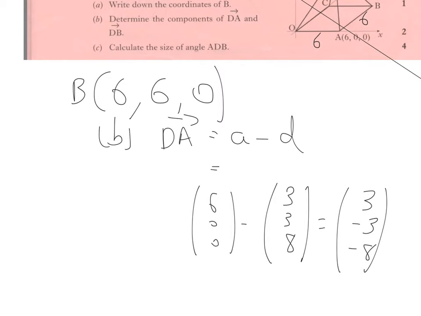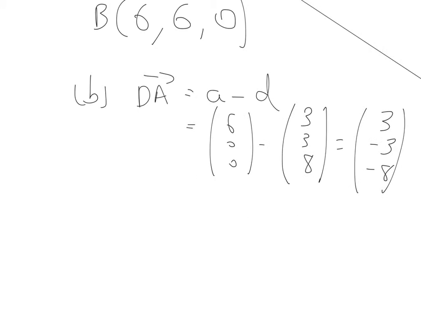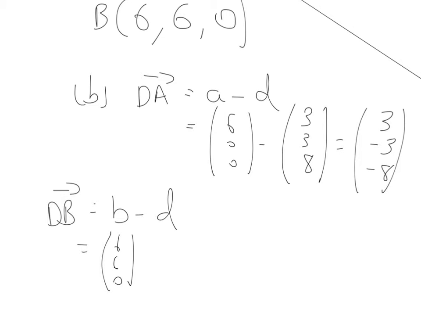For DB, DB is equal to B minus D. So that's (6, 6, 0) minus (3, 3, 8). So that's (3, 3, -8).